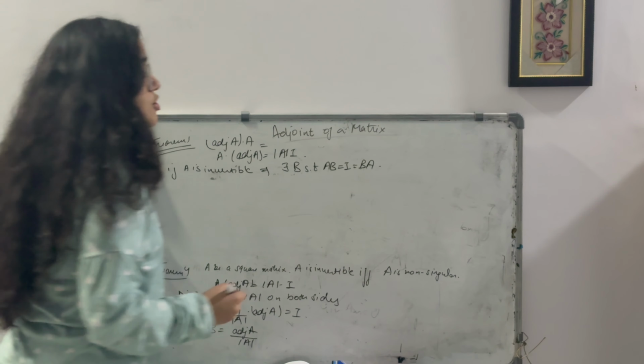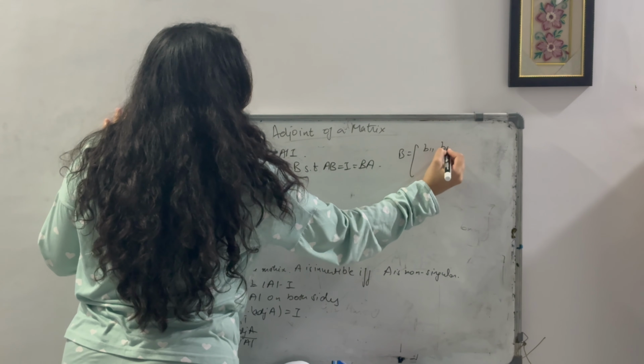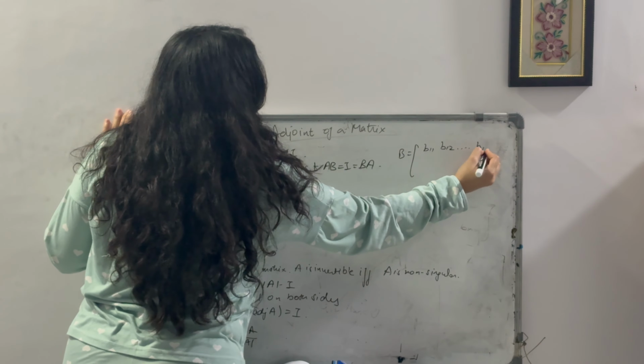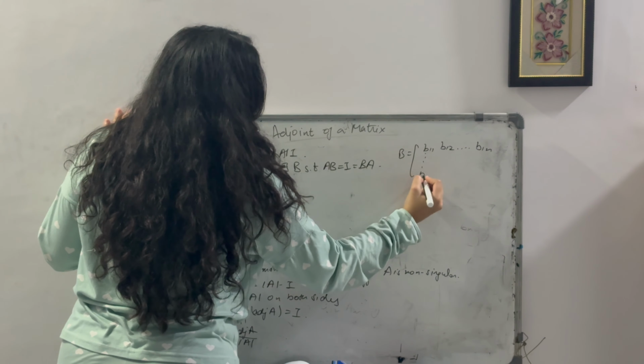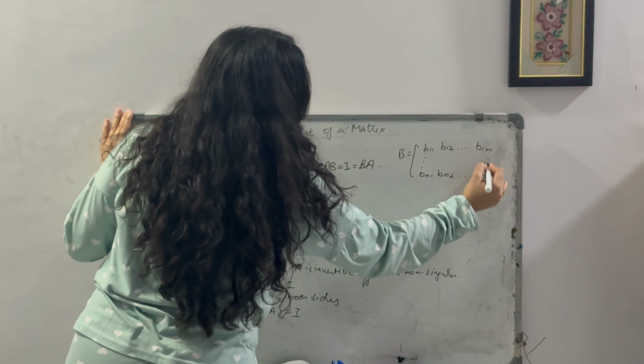So B looks like B11, B12 up till B1n, Bn1, Bn2 up till Bnn.